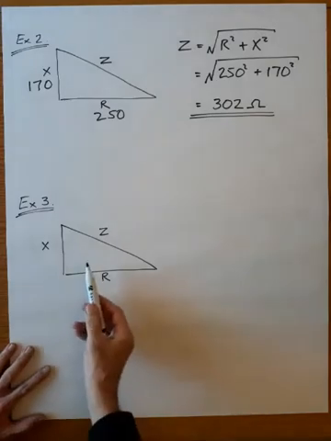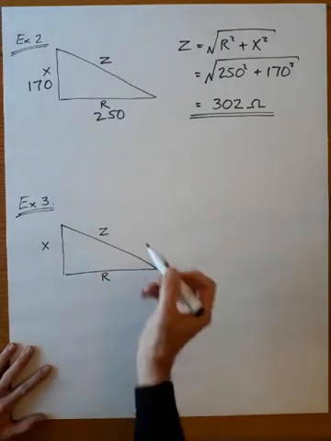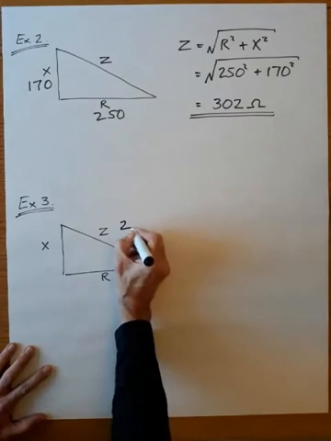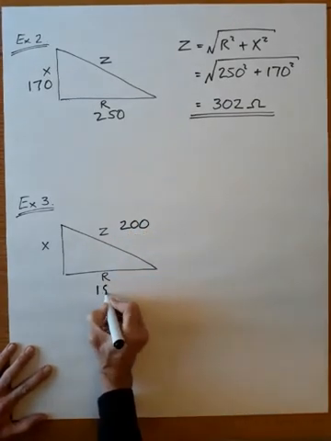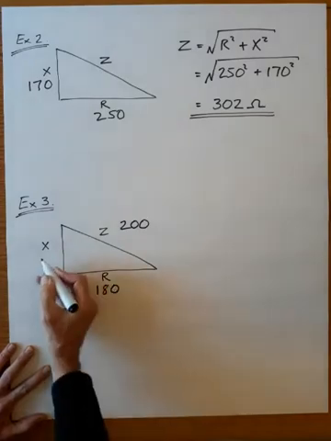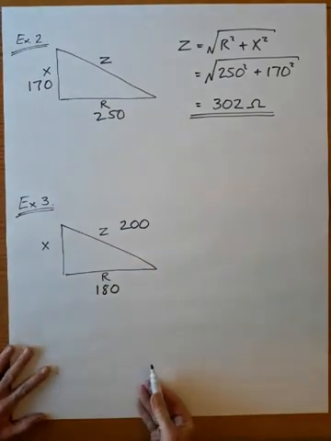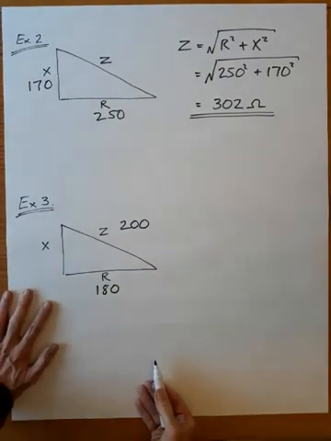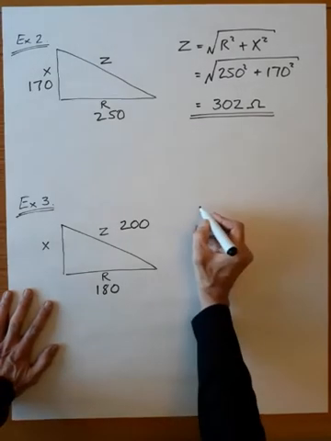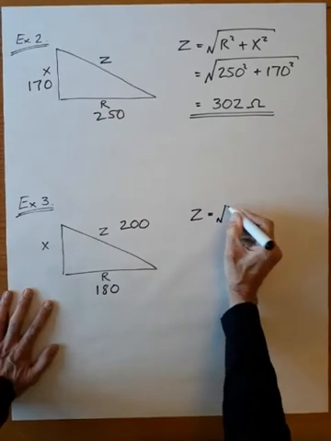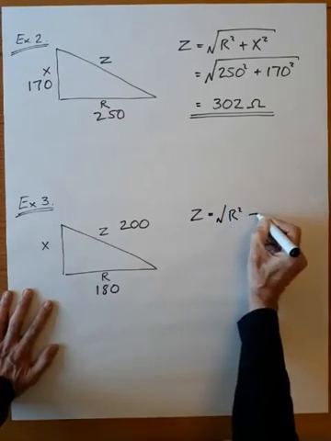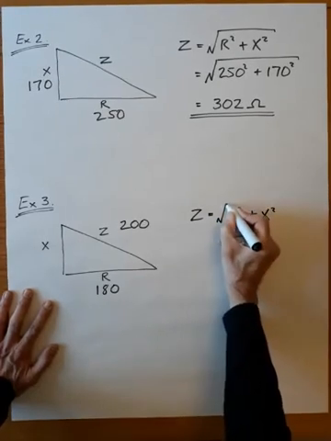In the question, or the example on your handout, this says that Z is 200, R is 180, and we have to find X. You have to transpose the formula now, and you start from Z equals the square root of R squared plus X squared.